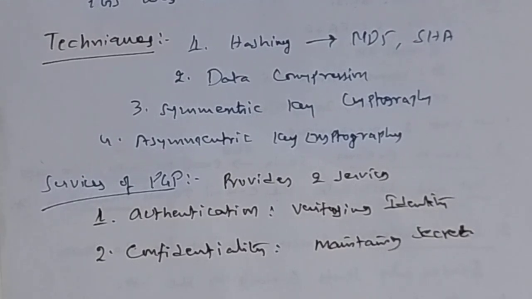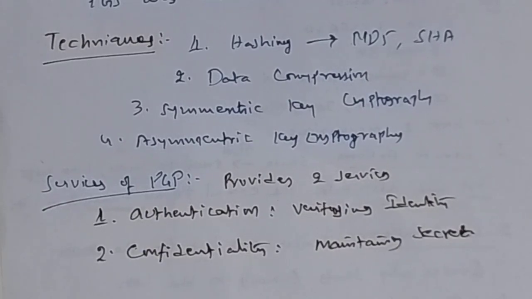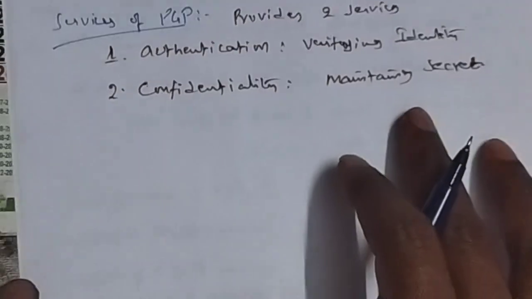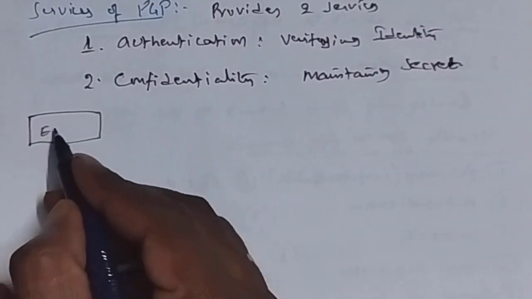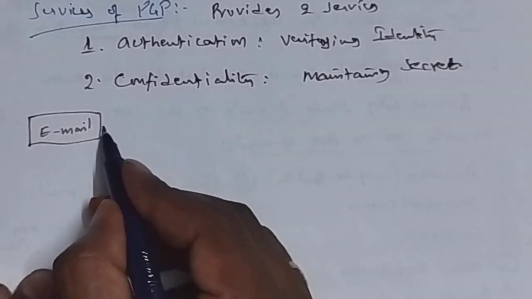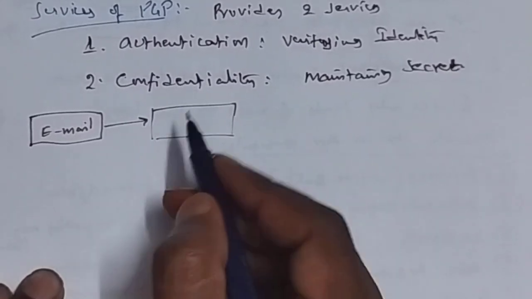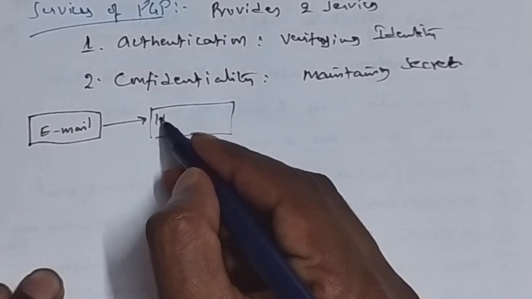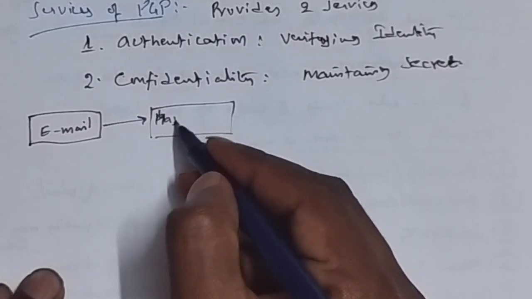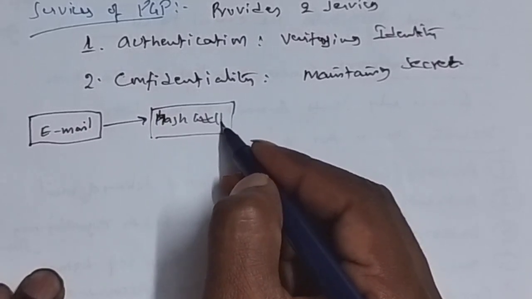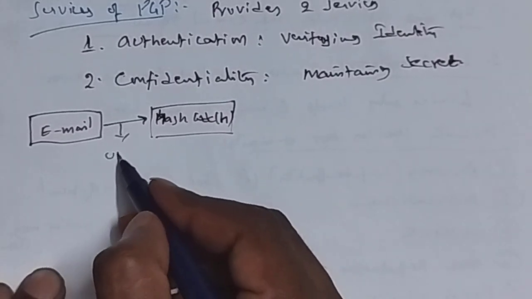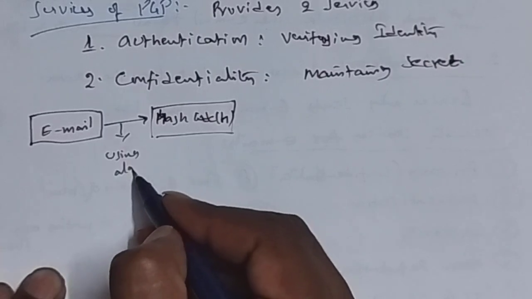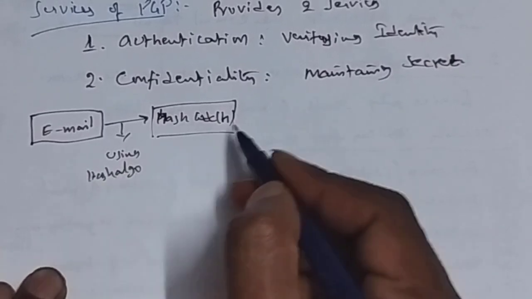For confidentiality, how it is provided, we will see in a block diagram. The email is applied to a hash algorithm, and a hash code is generated.